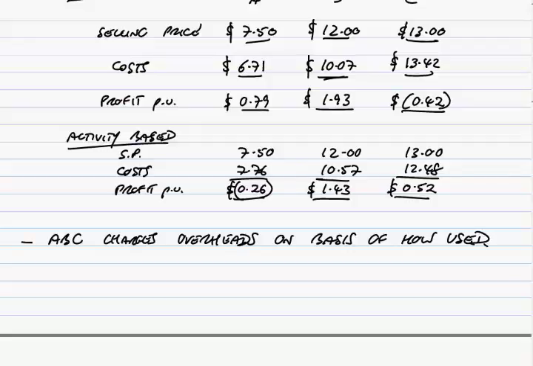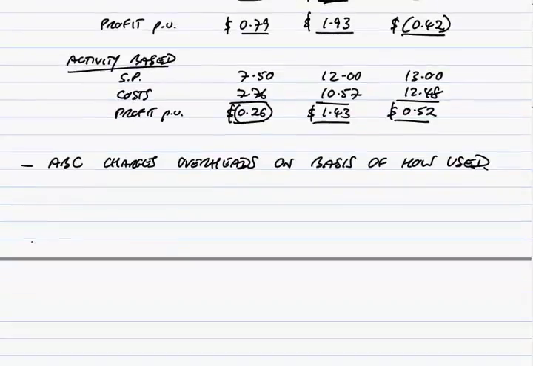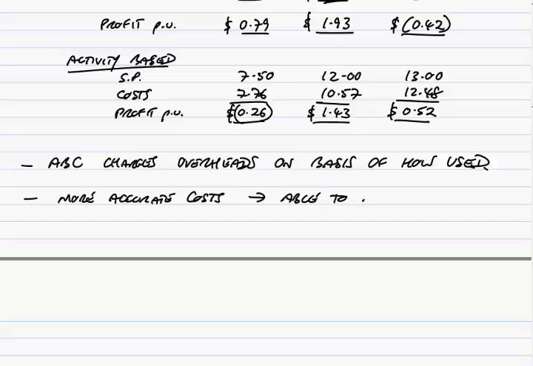It's a much better way, in principle, of dealing with the overheads, of getting the cost. How may it help them improve profitability? Well, we can use our figures to illustrate, but if we've got more accurate costs, we're able to make better decisions based on profitability.